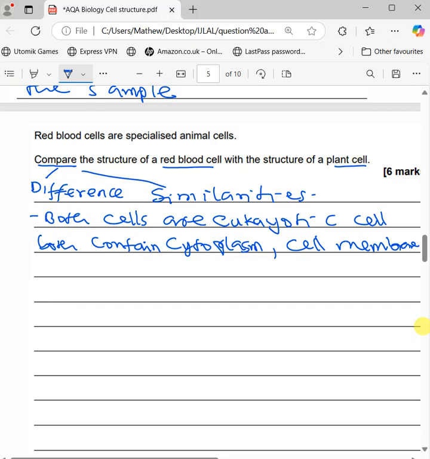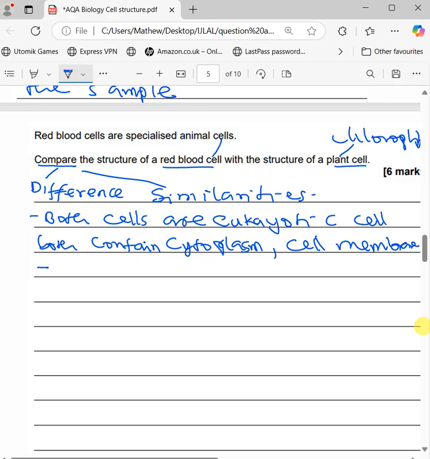Now, however, both cells differ in a lot of aspects. As you're explaining the differences, also try to bring out their functions. So you find out that red blood cells help in the transportation of oxygen around the body, so it contains hemoglobin. While plant cells contain chlorophyll for photosynthesis.